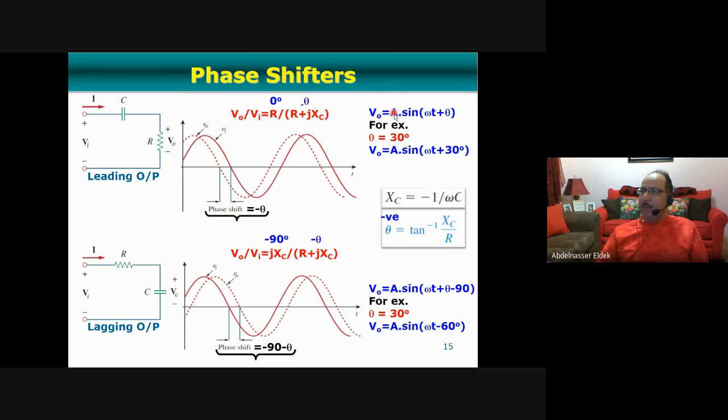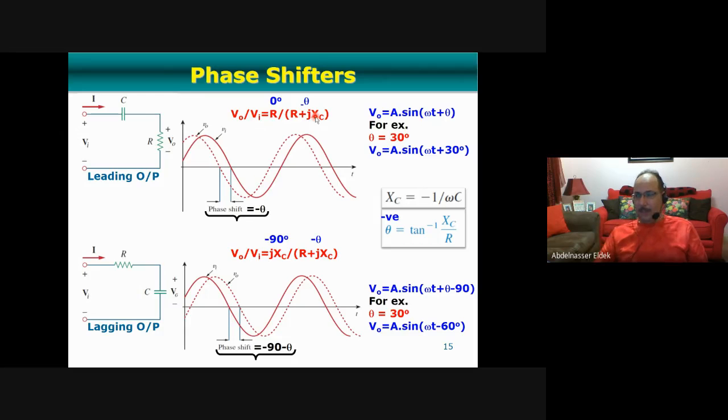For example, if VO is A sine omega t plus theta, and theta is 30, then if you want to calculate VO with respect to VI, it is R divided by R plus j omega C. The j omega C has a certain phase, and for the capacitor it is negative.